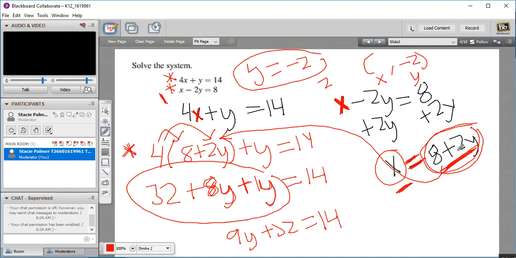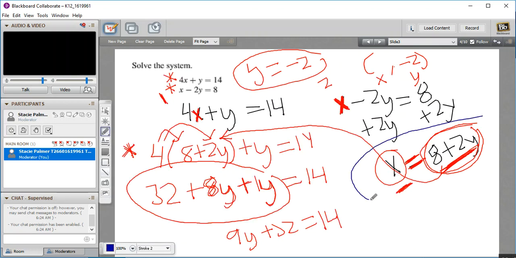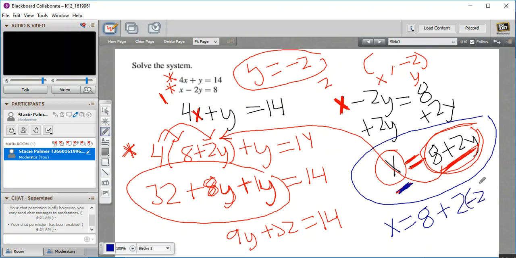Okay, so the way that we find our x value is we go back to this equation right here. We already solved for the x. We know that the x is equal to 8 plus 2 times whatever the y is. So we make a substitution. We know that the y is negative 2. So 8 plus negative 4 is 4.